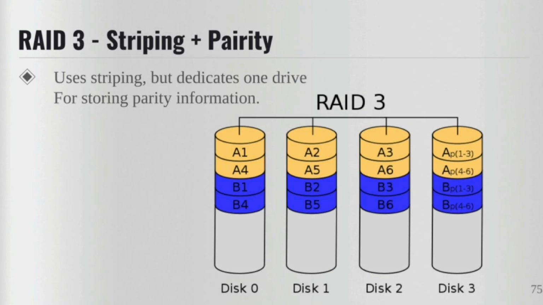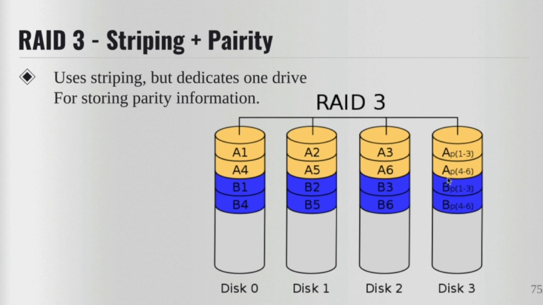RAID 3 uses striping but dedicates one drive for storing parity information. As you can see, the data is striped on disk 0, disk 1 and disk 2. So A1, A2, A3, A4, A5, A6, then B1, B2, B3, B4, B5, B6. Just like your RAID 0 where the striping is done, in this technique also the striping is done.